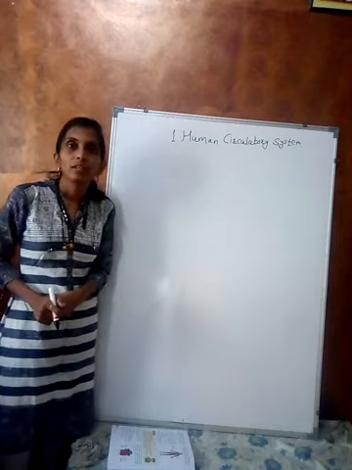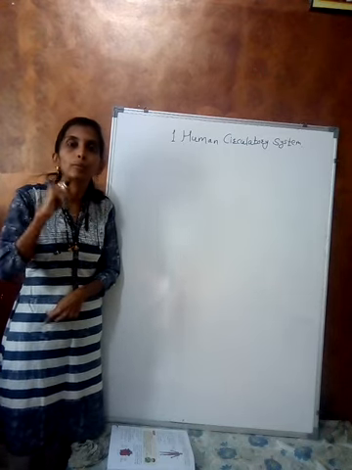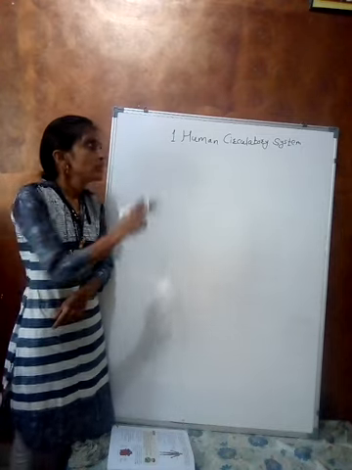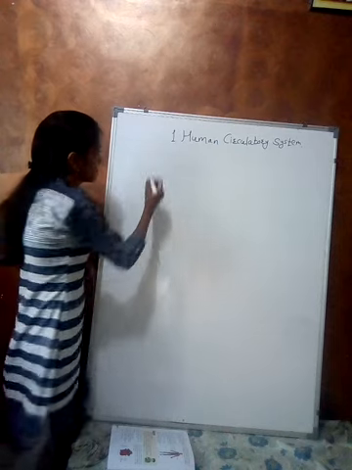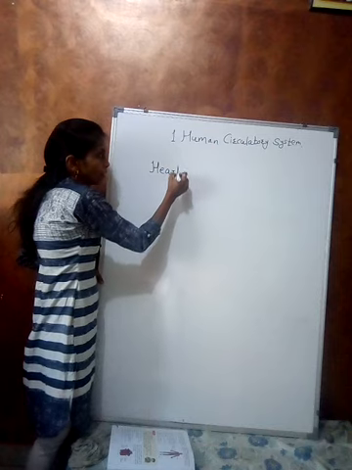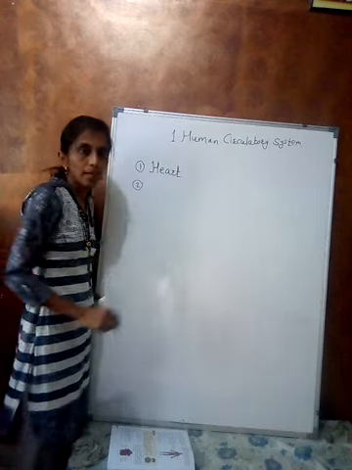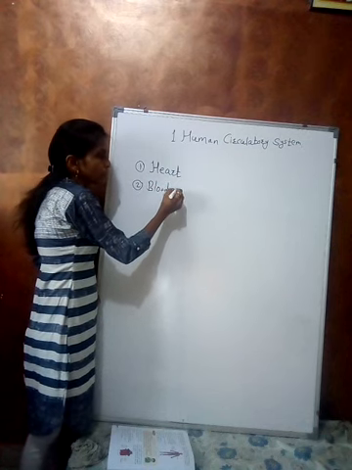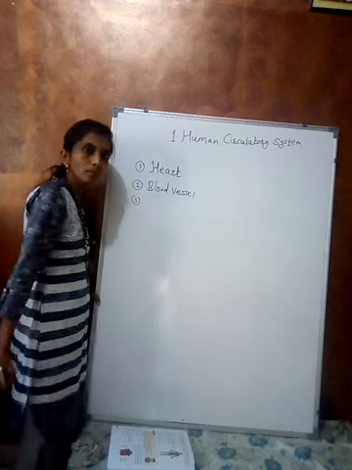Circulatory system is related with the circulation of blood in our body. Okay? Circulatory system mainly consists of 3 parts: first, heart; second, blood vessels; third, blood.